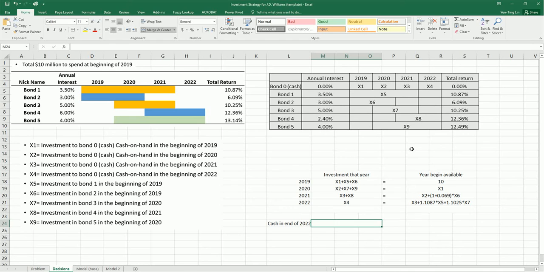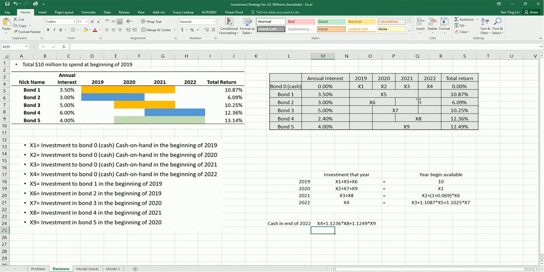Well, at that point we'll have the cash X4, and also we will have bond 4 and 5 mature. So their corresponding return plus principal will be 1.1236 times X8 for bond 4 plus this for bond 5. So that is our objective to maximize.